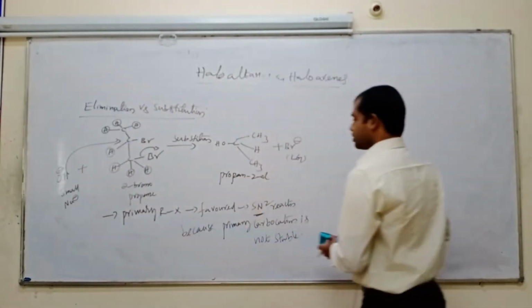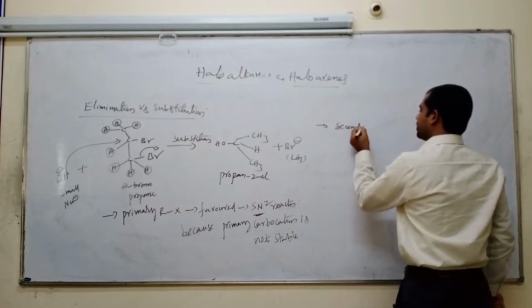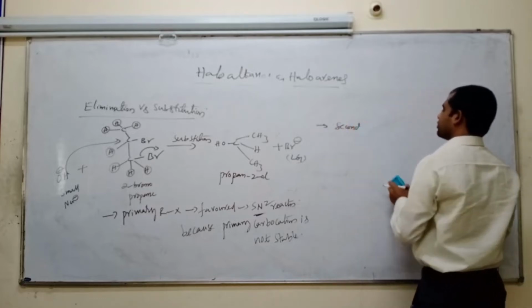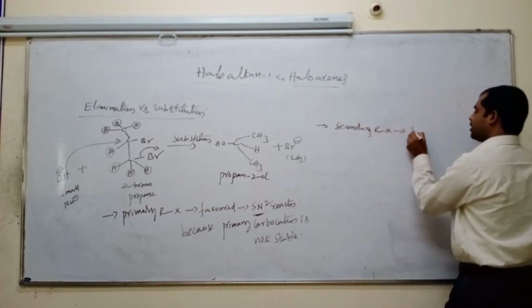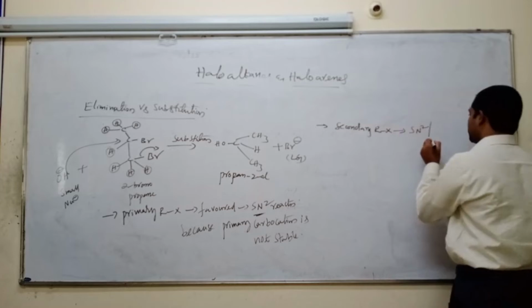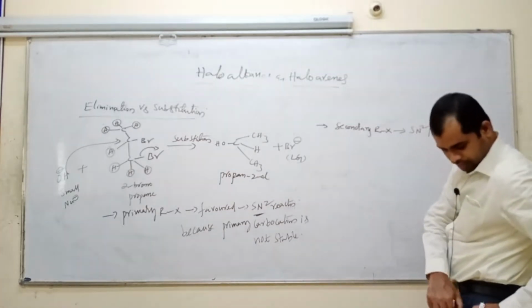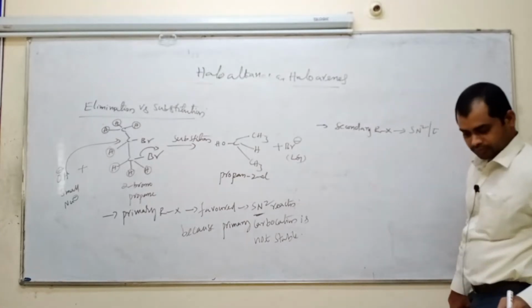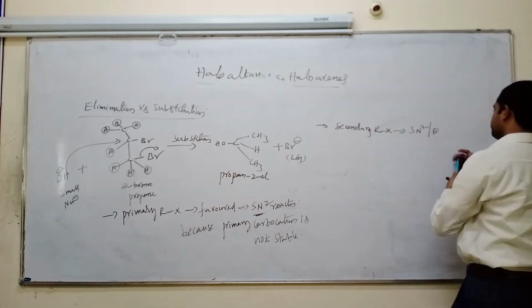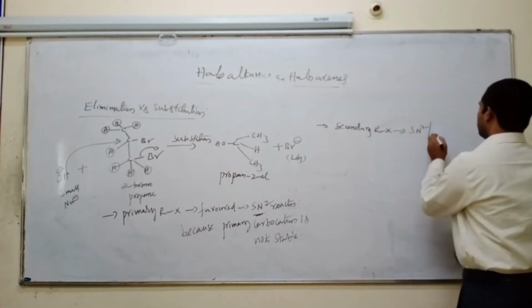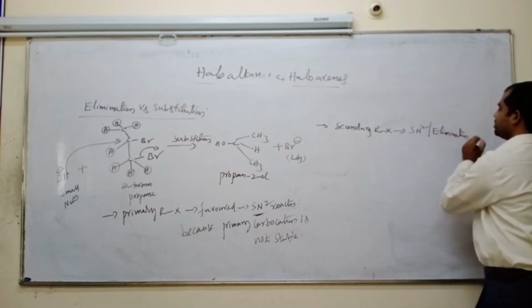Next, secondary alkyl halides always favor either SN2 or elimination. Why?